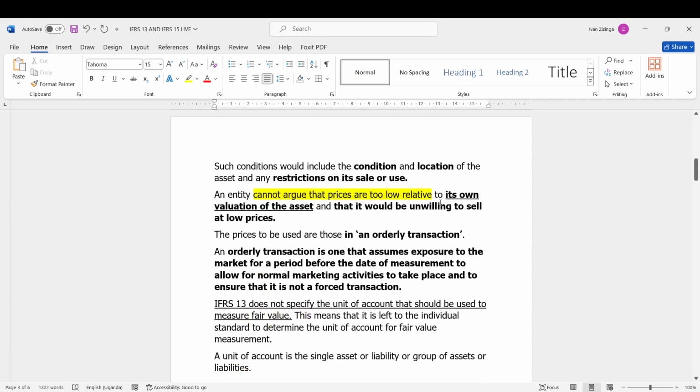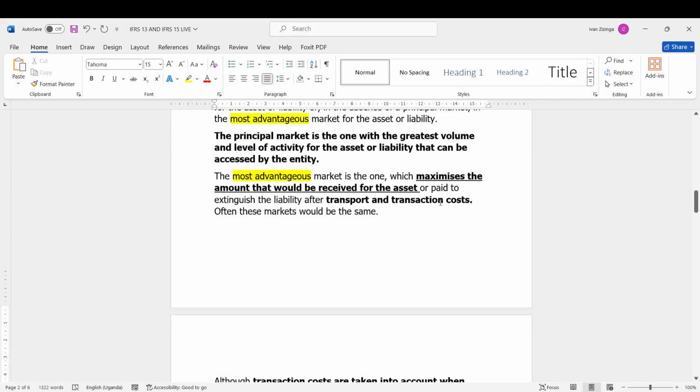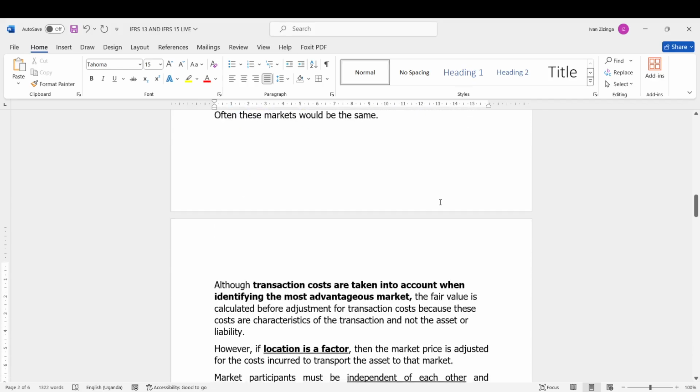Then someone talked about the three levels. Yes, IFRS 13 gives us the guidance on what fair value is: fair value being market-led, not entity-specific. Then it talks about principal markets and most advantageous markets.